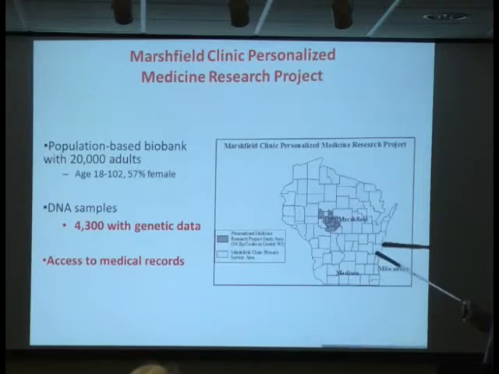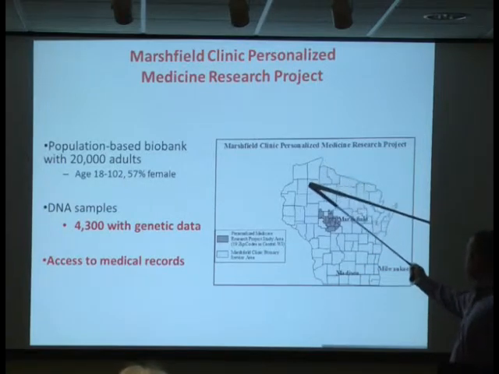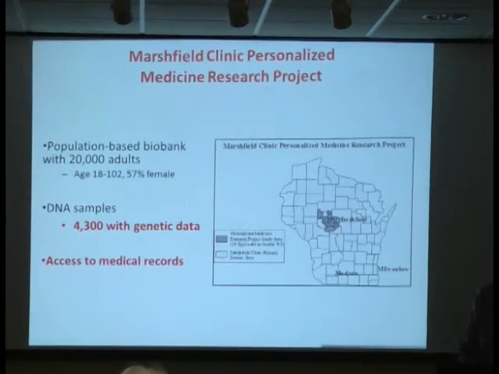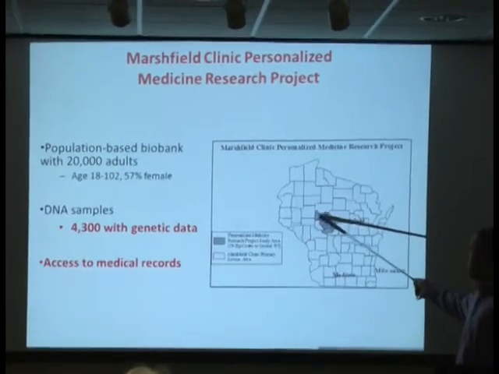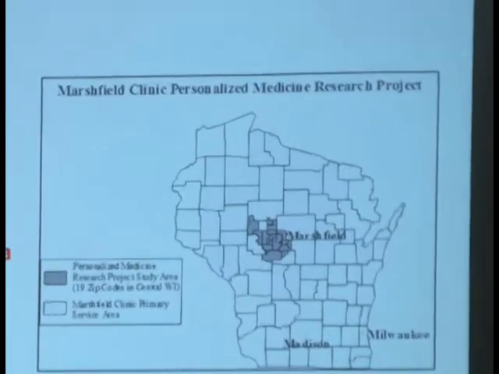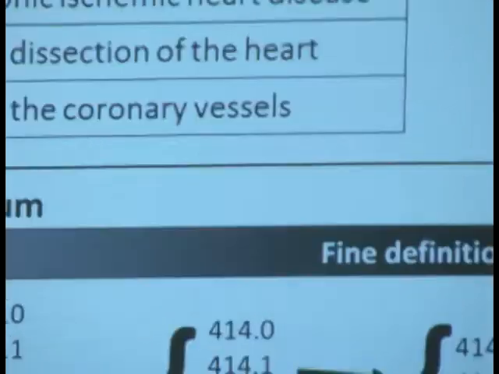So obviously, you know this is Wisconsin, and it's not very well shown here. There's a light gray region here, which represents the patient population that Marshfield Clinic sees. And this dark gray here represents the patients that were recruited within PMRP, the Marshfield Clinic Personalized Medicine Project.